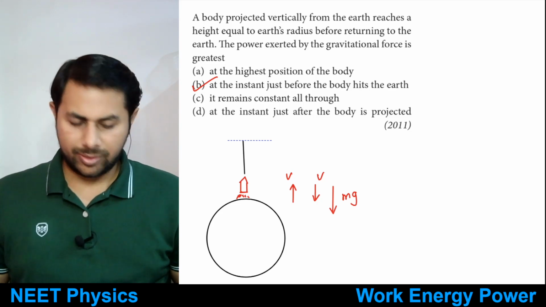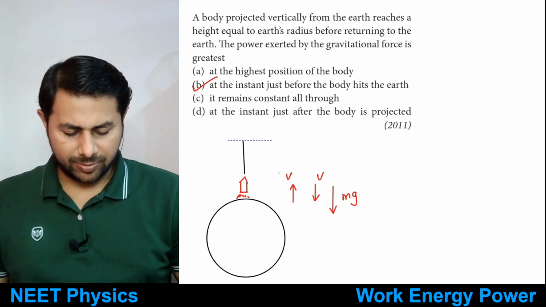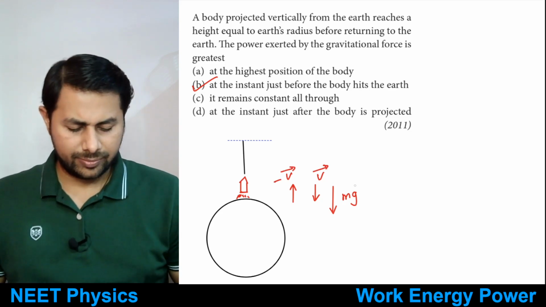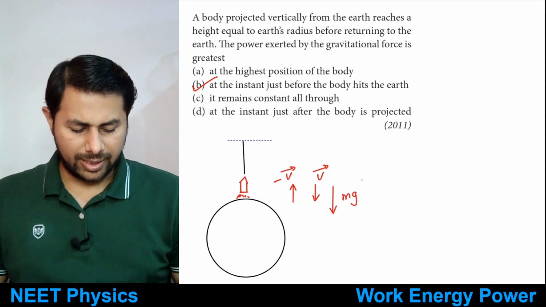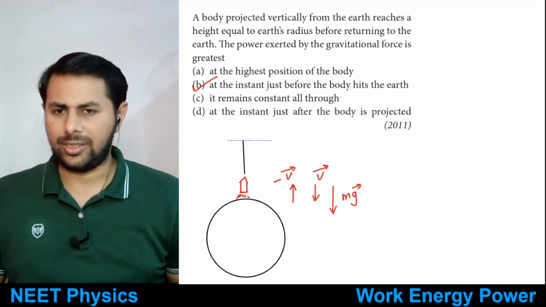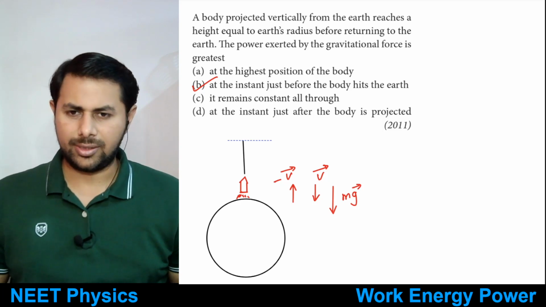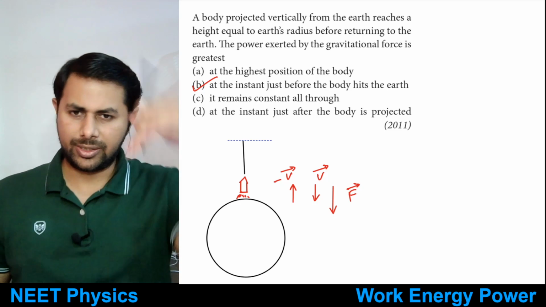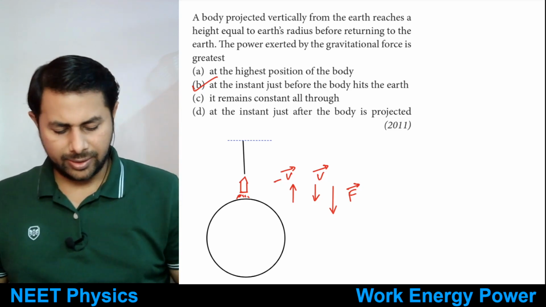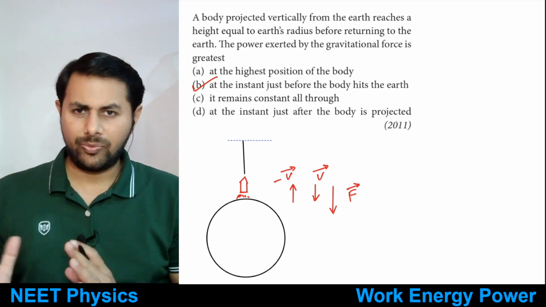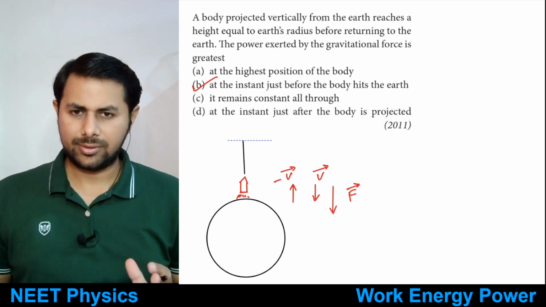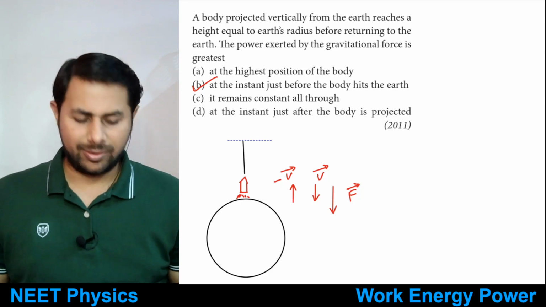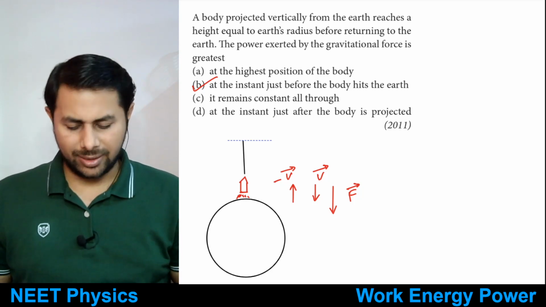Initially the velocity was minus v, finally it's equal to v, along the gravitational force F, which is acting downwards. So the magnitude of initial and final velocity is equal, but the direction is opposite.